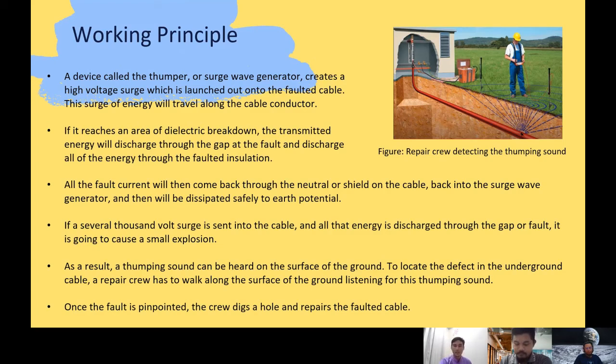As a result, a thumping sound can be heard on the surface of the ground. To locate the defect in the underground cable, the repair crew has to walk along the surface of the ground listening for this thumping sound. Once the fault is pinpointed, the crew will dig a hole and repair the faulted cable.